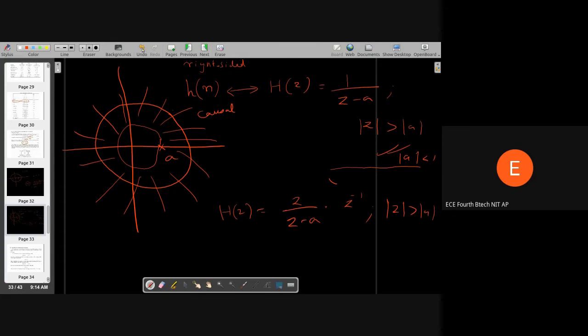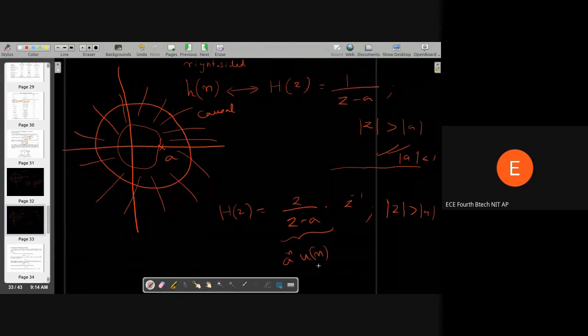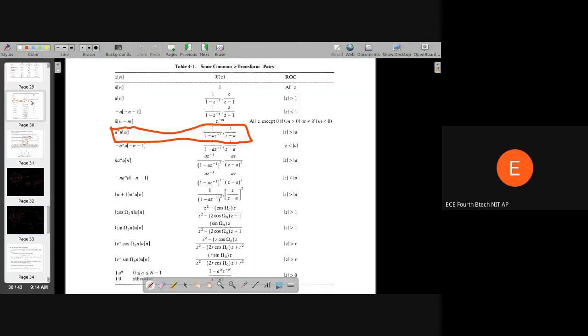For this part, it's a to the power n u[n], which is a right-sided, causal signal. But we also have this other part. You will find that there is a property of Z transform.